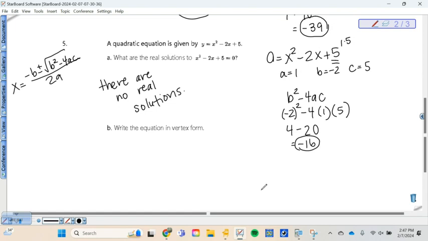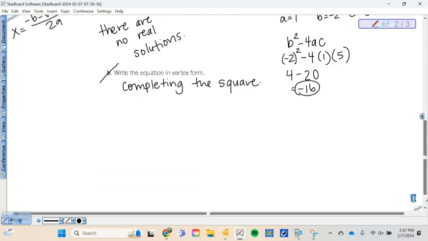Okay. You don't need to worry about this. This is something called completing the square, and I didn't teach you how to do that, and it won't be on your test. So we don't need to worry about that. Okay, let's look at the other side then, right? That's it.